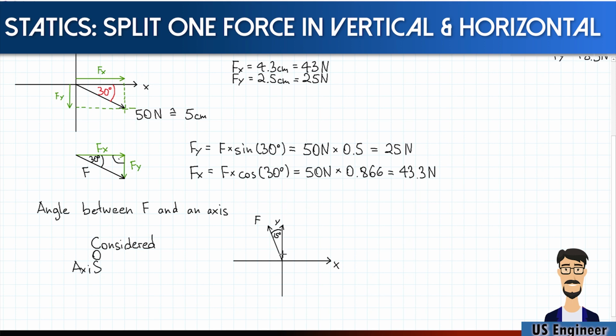So that's gonna be your Fy. And if you're looking for the length or for the magnitude of Fy, then you have an angle between F and Fy, your considered axis, as I say, and for considered axes, use always cosine.